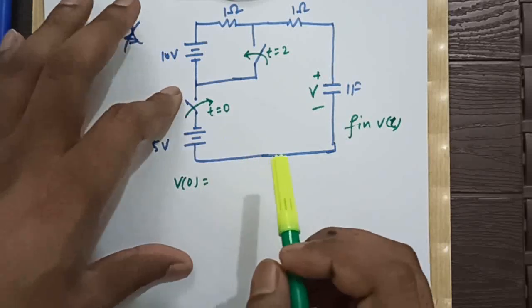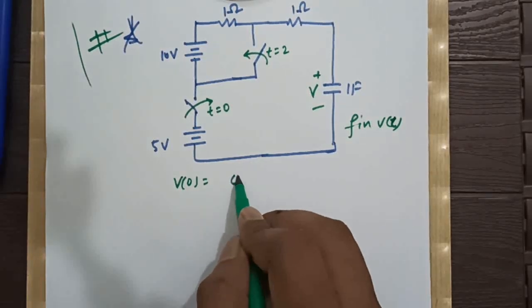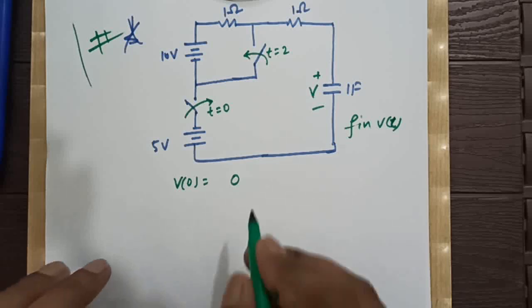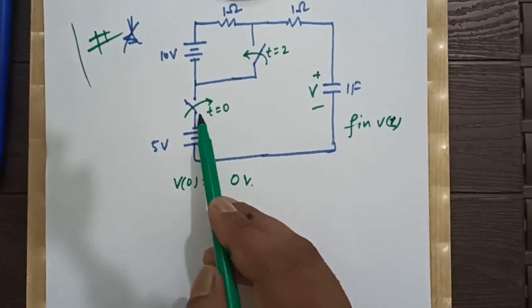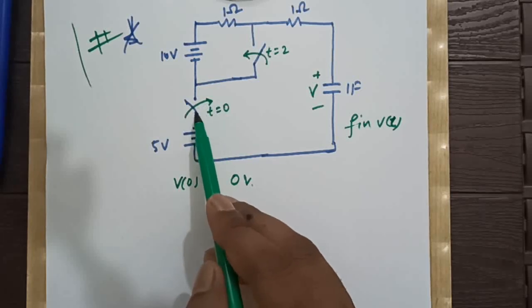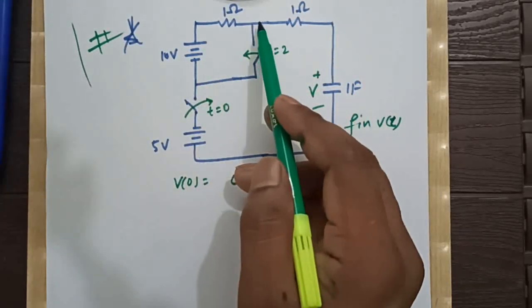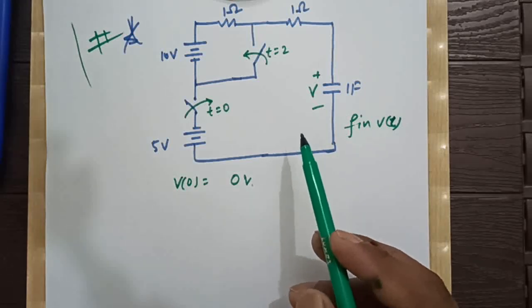Means the voltage across the capacitor at time t equal to 0 was 0 volt. Clear? Now see, at time t equal to 0, this switch is getting closed. So as soon as this switch is getting closed, the circuit will get formed and current will start flowing through this capacitor, and capacitor starts charging.